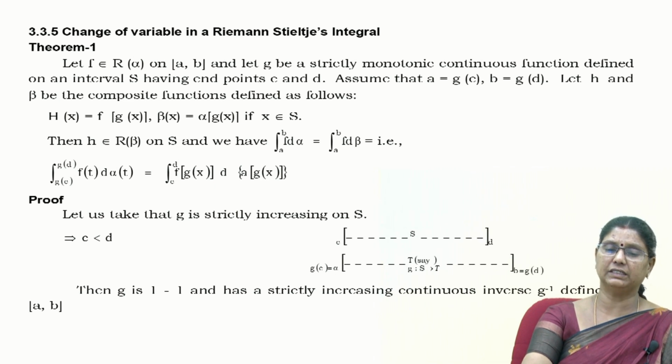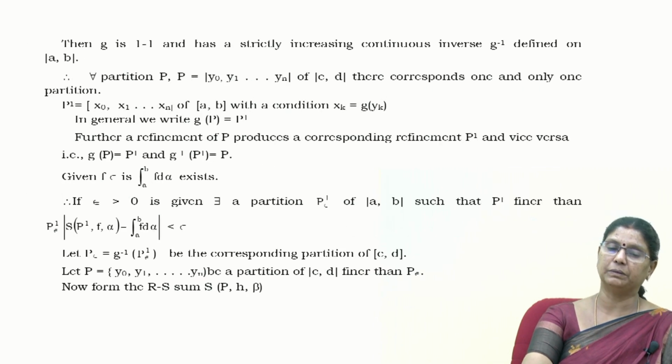So now let us assume g is a strictly increasing function on the given interval S. Also let us assume c less than d. Since g is a strictly increasing continuous function, g inverse also exists on the given interval. Thus g is one to one and has a strictly increasing continuous inverse defined on [a, b].